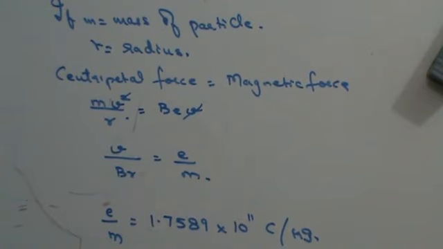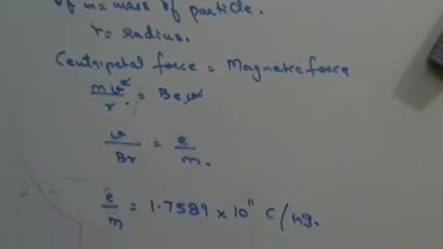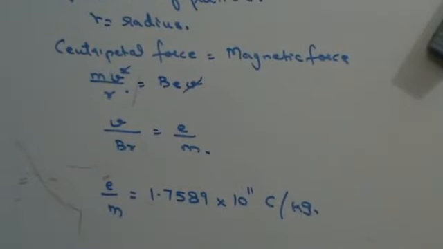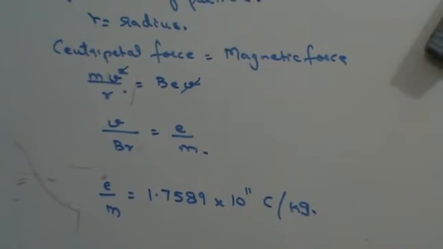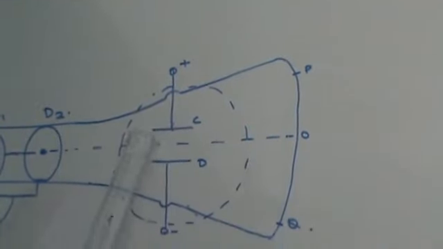Since the radius of the circular path can be determined by observing the deflection on the fluorescent screen. Guys, see this. I have electric field here, I have magnetic field here.